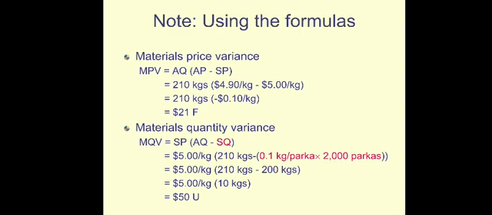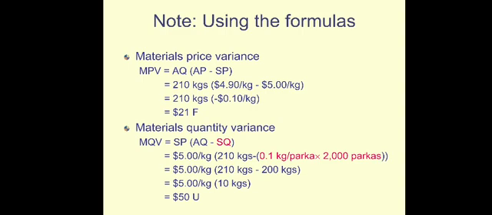And then the actual price is $4.90 per kilogram. How can you get the actual price? The actual price is the total price for the fiber fill divided by 210 kilogram.